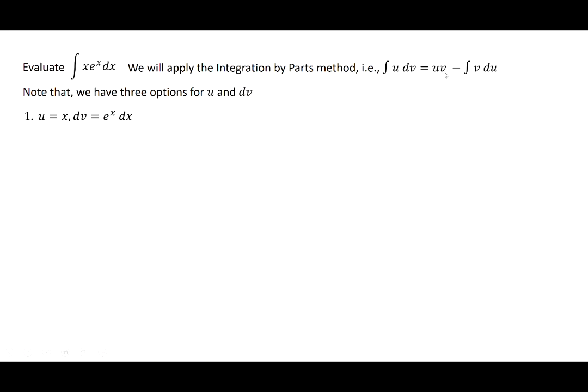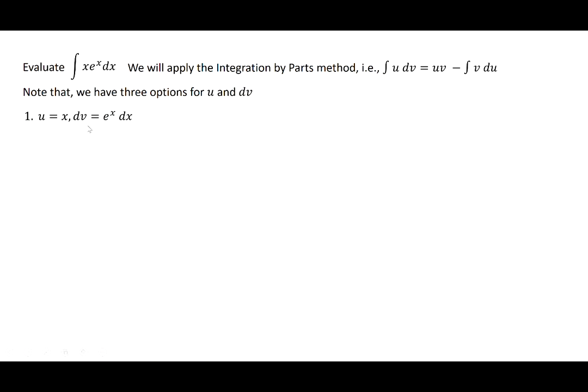We also need v. Do we know v? No, we don't. But what do we know? We know dv equals e to the x dx.